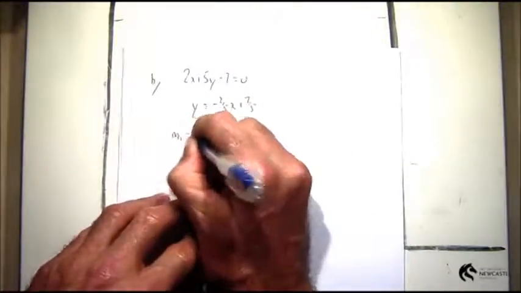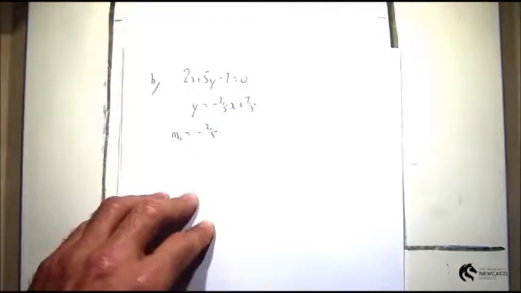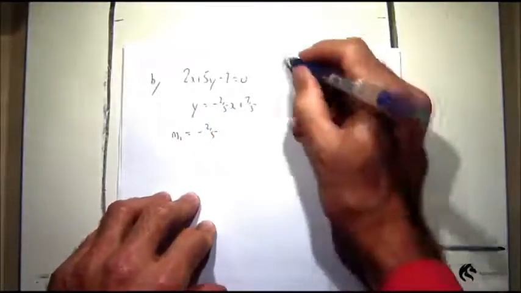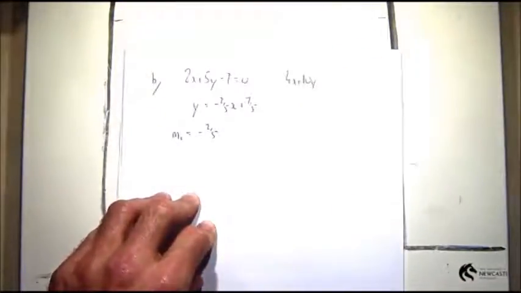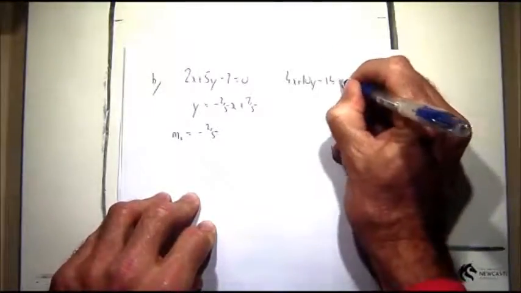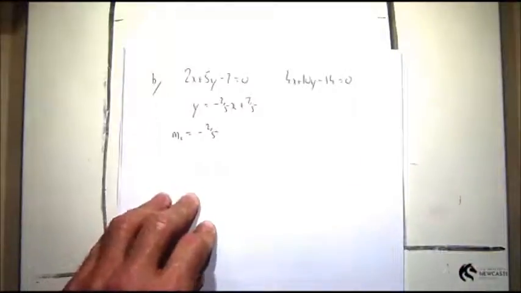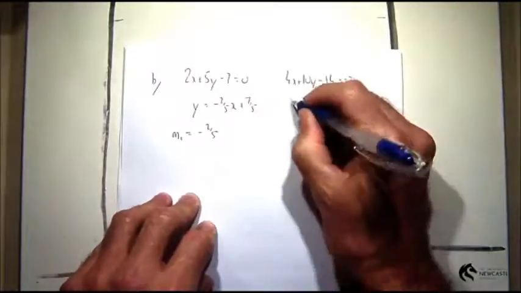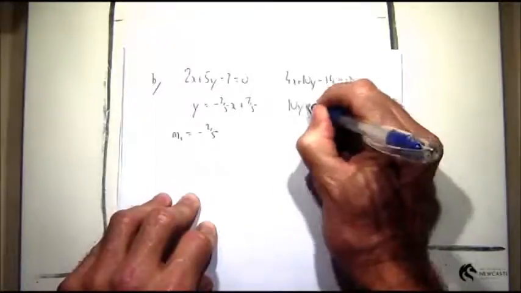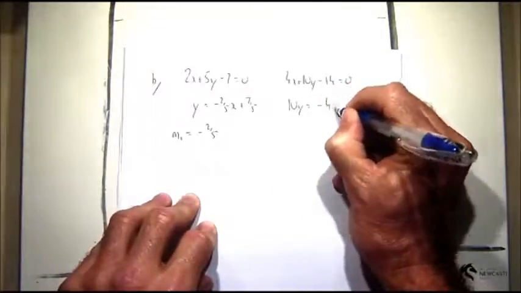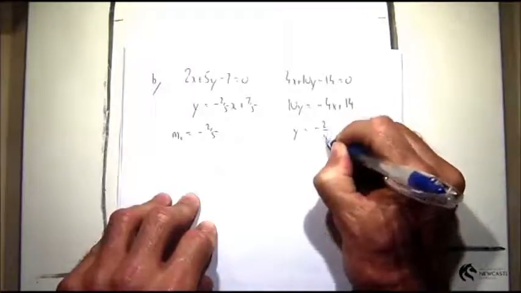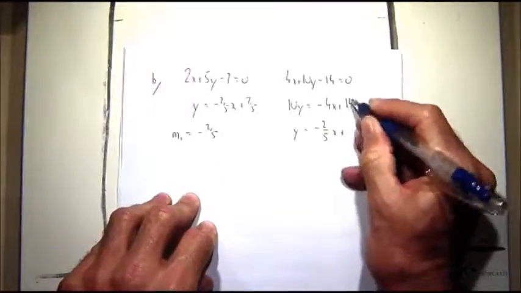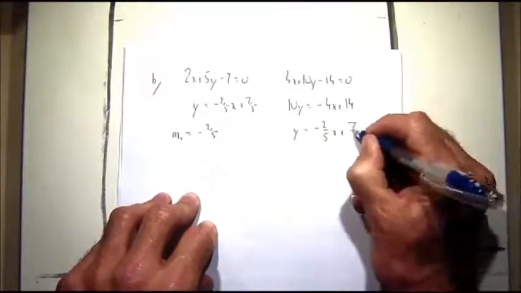So m1 is equal to minus 2/5. The other one is 4x plus 10y, now this time it's minus 14 is equal to 0. So if I rearrange that, I get 10y is equal to minus 4x plus 14. So y will be minus 2/5 x plus 7 on 5.